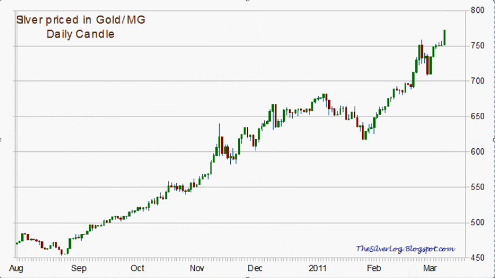Now I want to finish this off by looking at the daily chart of the price of silver priced in gold using the weighting of milligrams. Now the breakout was 1778 in dollar terms on August the 24th. We got to Friday at 3560-ish or so, which means from the breakout bottom it has doubled in fiat dollars.